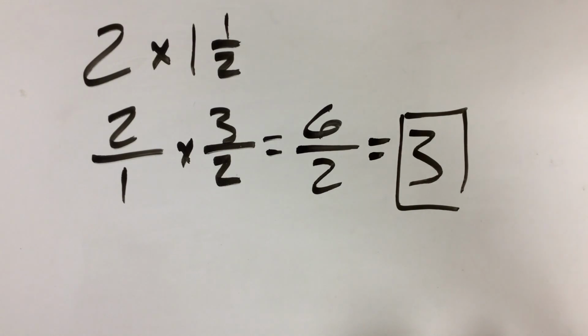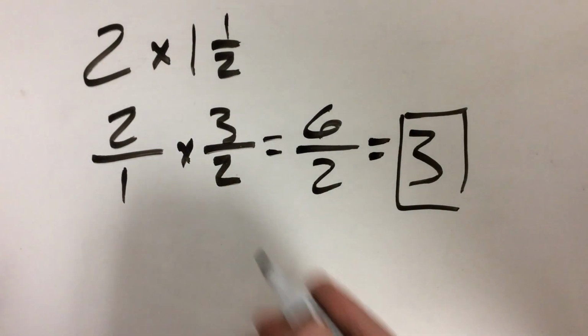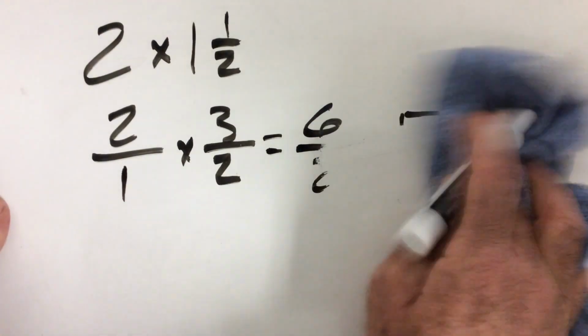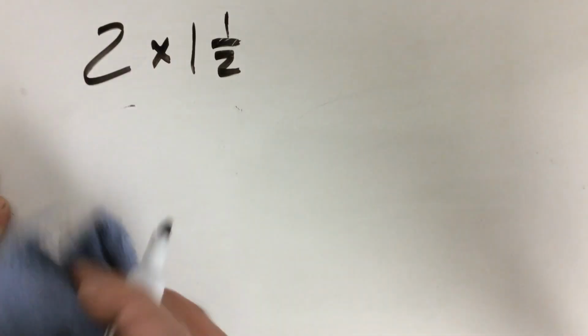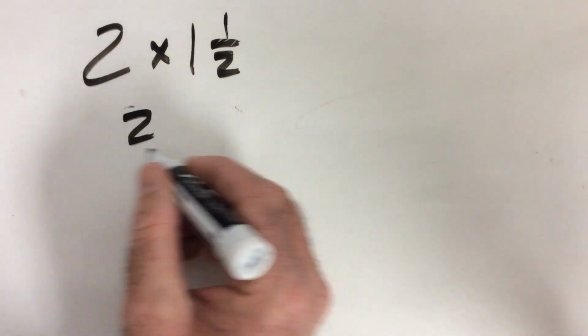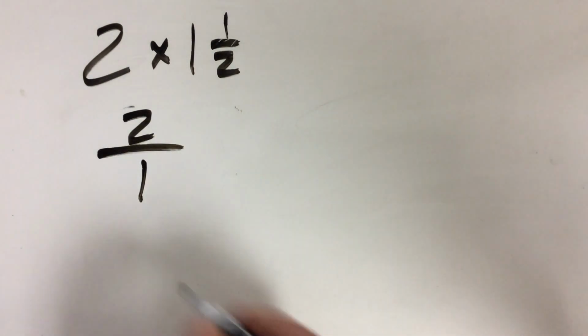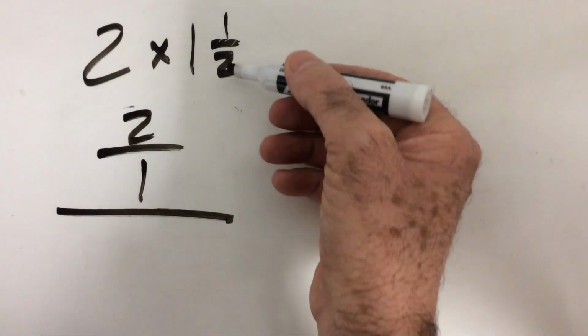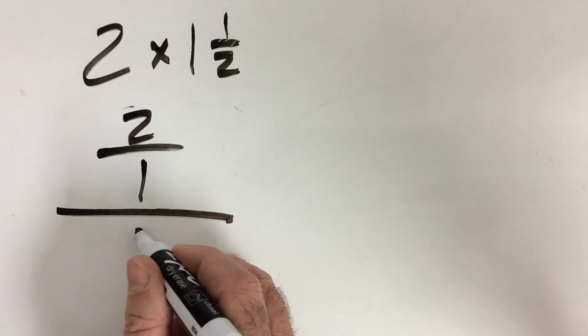And if we want to divide a fraction, we have to remember keep, change, flip. So let's go back to this mixed number. And now rather than multiplying 2 by 1 1/2, let's divide it by 1 1/2. So again, we rewrite the 2 as 2/1. We're going to divide it by 3/2.